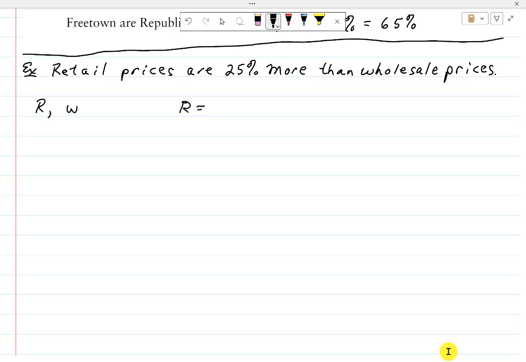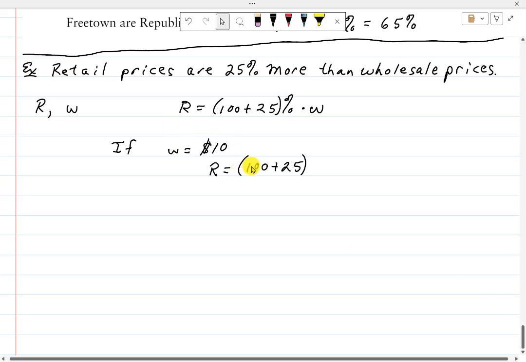I can get a retail price by taking 100% plus 25% and multiplying it by the wholesale price. So if, for example, W equals, let's say, $10, that's how much it is for a dozen eggs, for example, $10. Then the retail price will look like this. We'll have 100 plus 25. So this 100 just doesn't do anything. That's equal to 1 when you're talking about a percent.